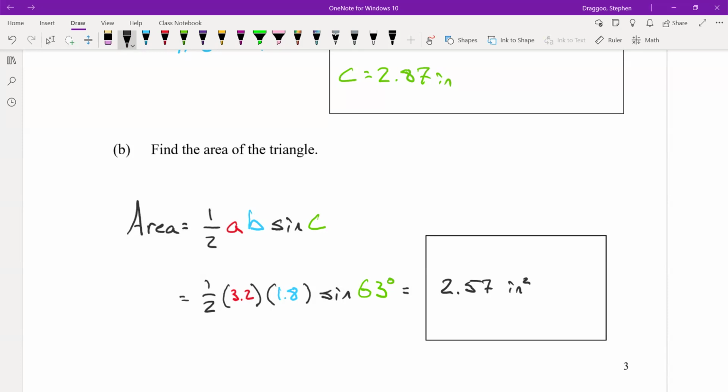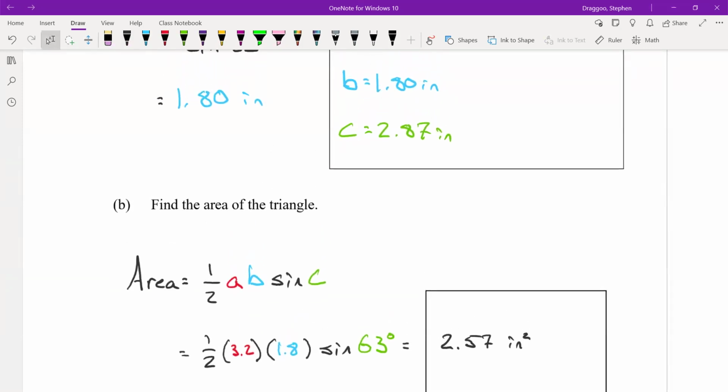When solving for the area, we did have to plug in a number that we had already rounded to get there, right? I already had to round length B to 2 decimal places, which means when I use that number in another calculation, the rounding that I did in part A is going to affect the answer in part B. So depending on how severely you rounded in the first part, it could change your answer slightly for part B. So you get something that's close, but not exactly 2.57.